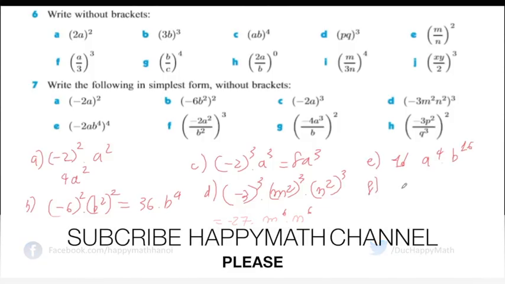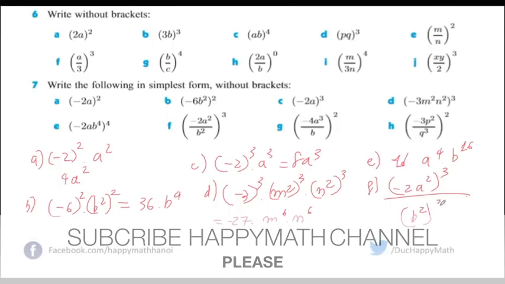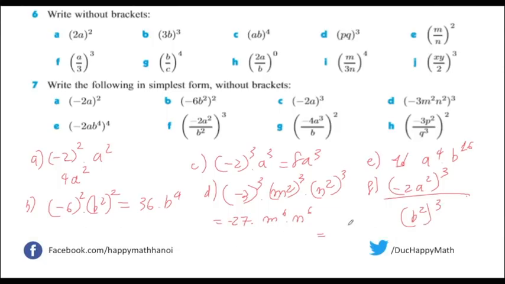F, you have negative 2 and a squared and cubed outside and over b squared cubed. So you have negative 2 cubed means negative 8 and a to the 6 over b to the 6. Yes, it's the question F.